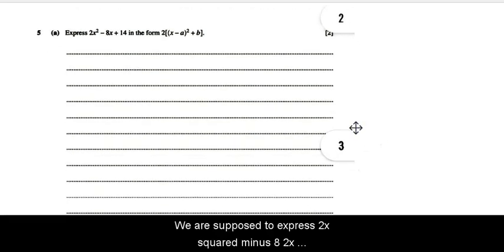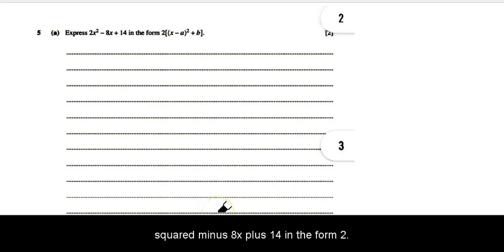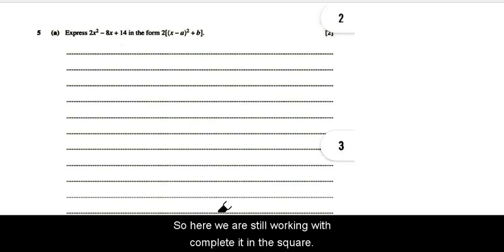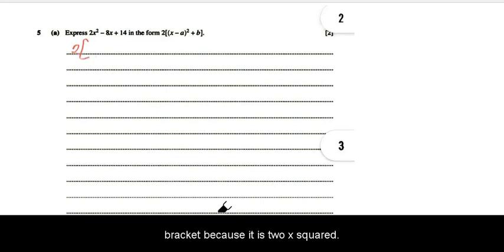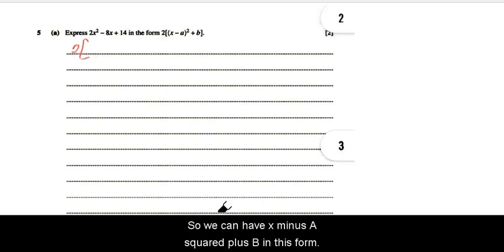Question 5, you are supposed to express 2x squared minus 8x plus 14 in the form 2 into (x minus a) squared plus b. So here we are still working with completing the square. We can put this into a bigger bracket because it is 2x squared, so we can have 2 into (x minus a) squared plus b in this form.